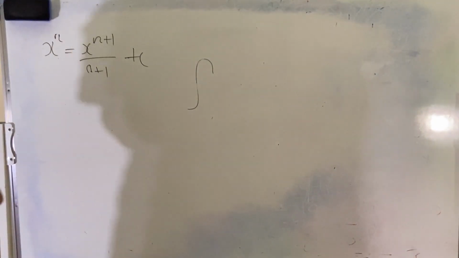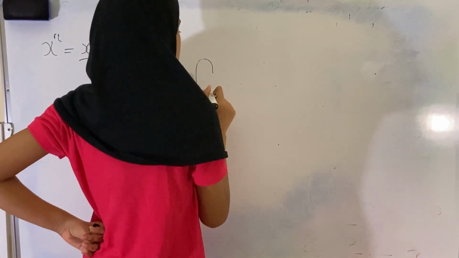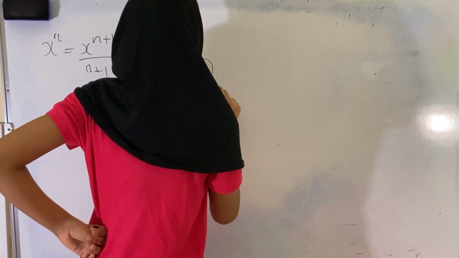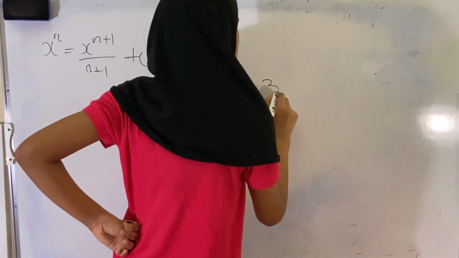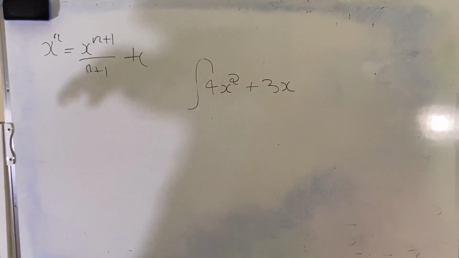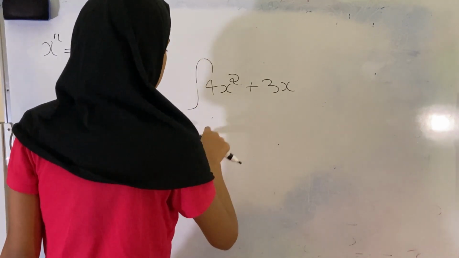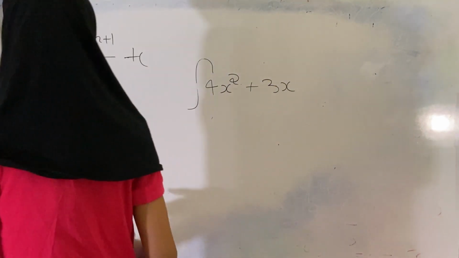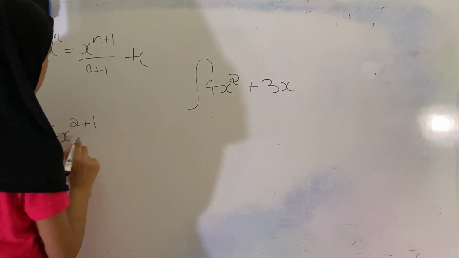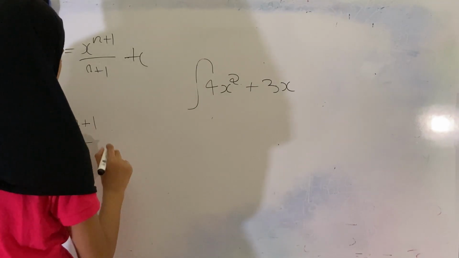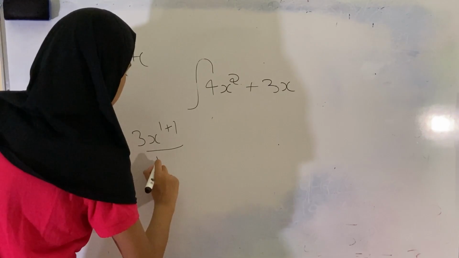Okay, I put a question right here. 4x square plus 3x. First of all, let's find the integration of both of them separately. So first let's find the integration of 4x square, 4x raised to 2 plus 1 by 2 plus 1, plus 3x raised to 1 plus 1 by 1 plus 1.